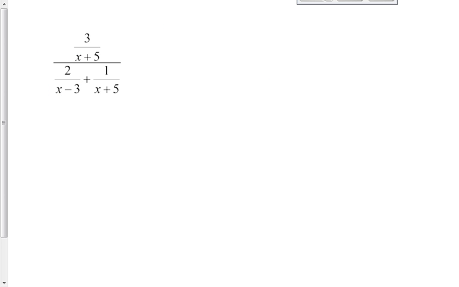All right, here's our last one. We've got one great big complex fraction with 3 baby fractions inside. The baby fractions have denominators of x plus 5 and x minus 3. I need to use both of those as my entire common denominator. So I'm going to highlight again my big divide line.